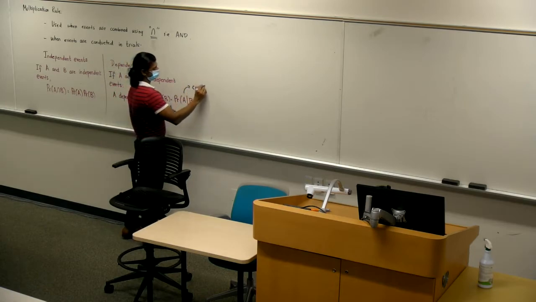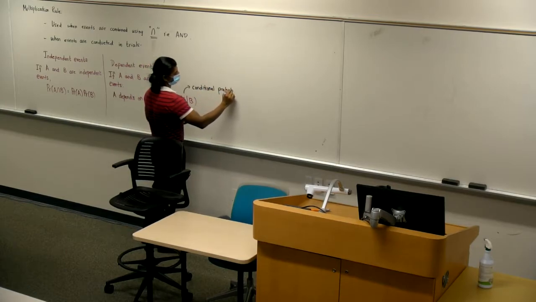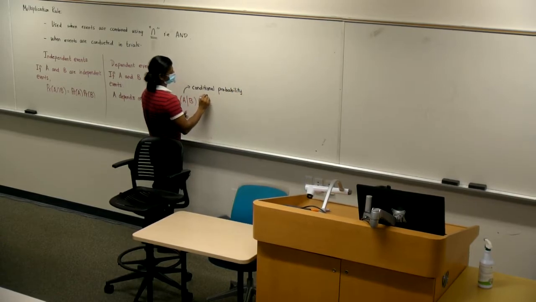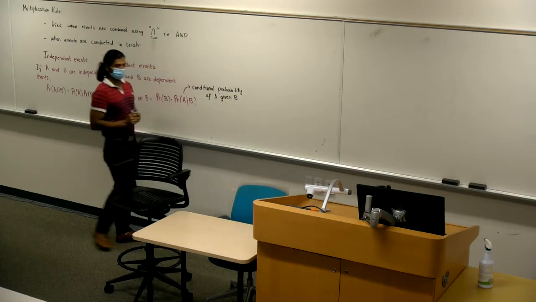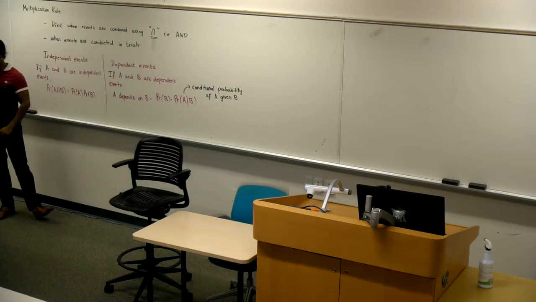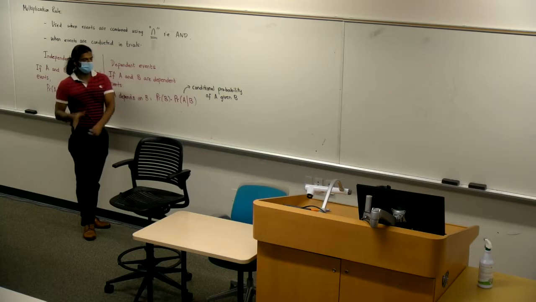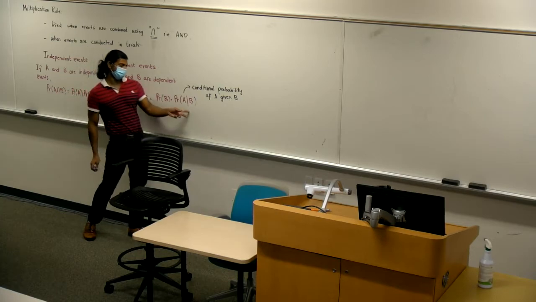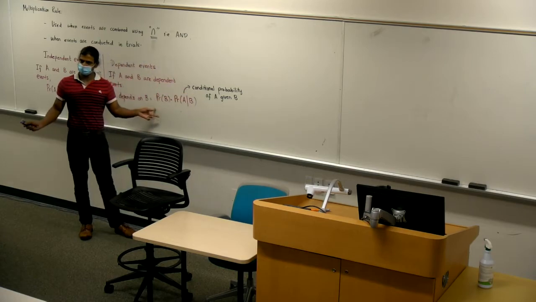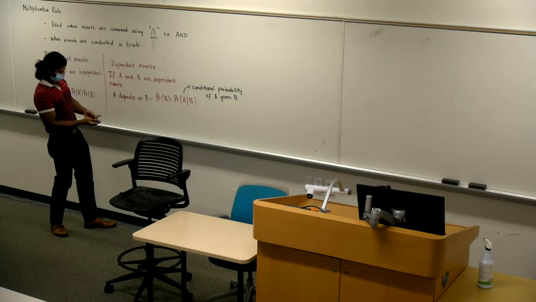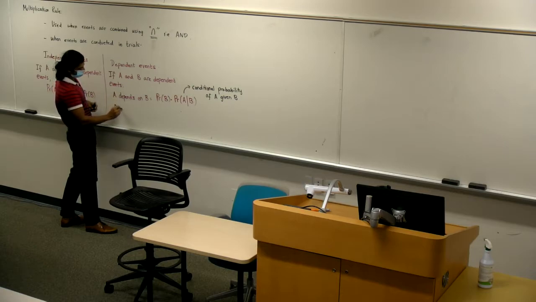It has a special name. It is a conditional probability, in the sense whatever happens to A is dependent on B. So there is a condition. So it is the conditional probability of A given that B had already occurred. Does that make sense? The second case, we just have to switch the letters, that's all.